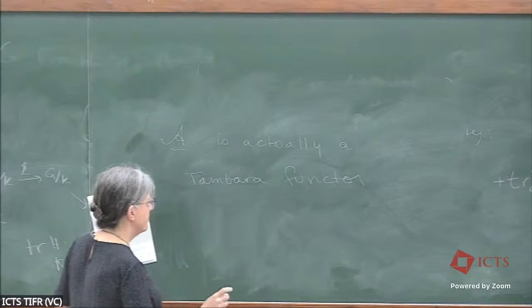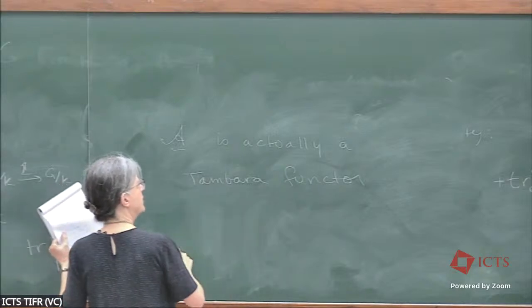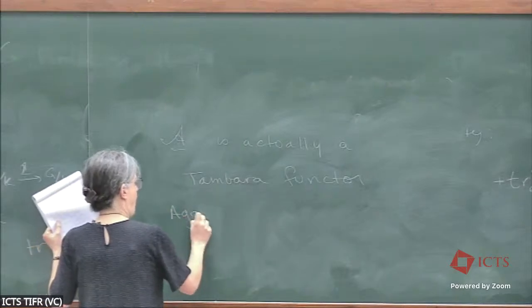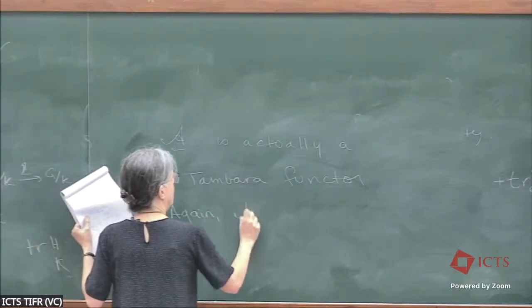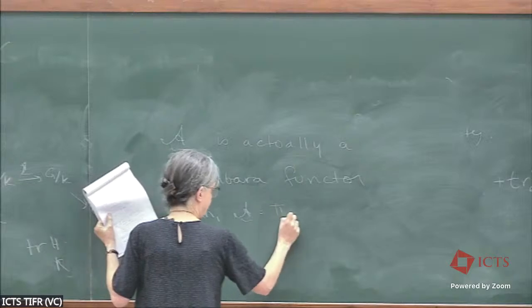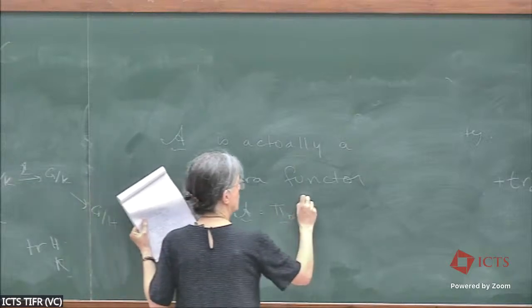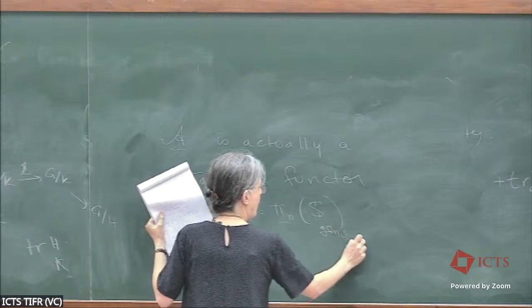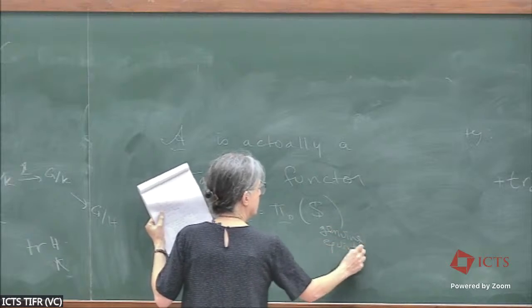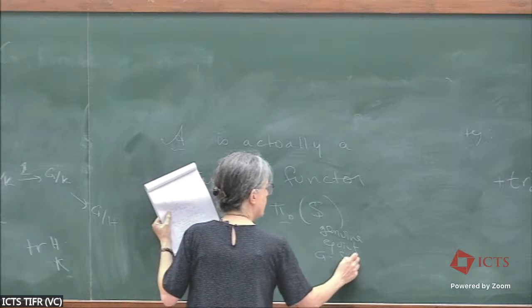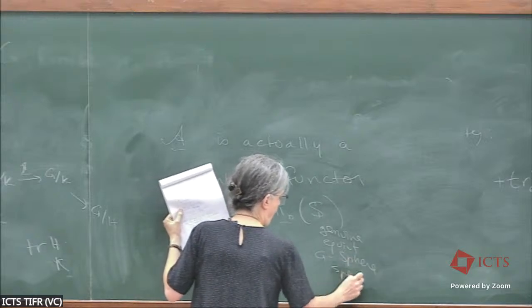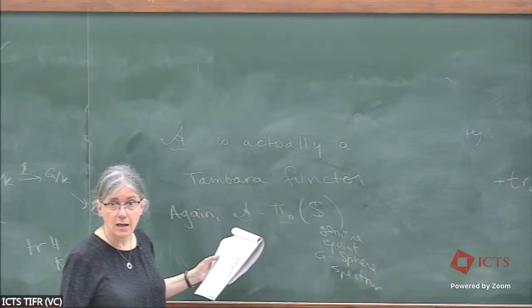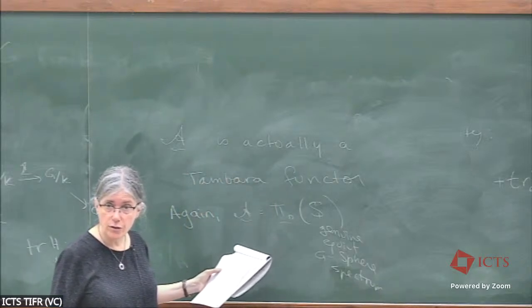A little harder to specify the product, but again, A is pi 0 underline of the genuine equivariant G sphere spectrum, which can be given a genuinely commutative structure.